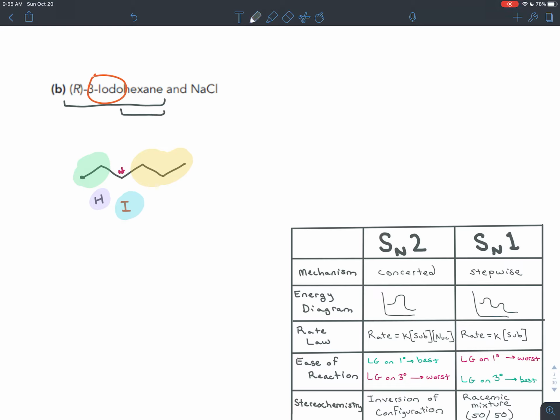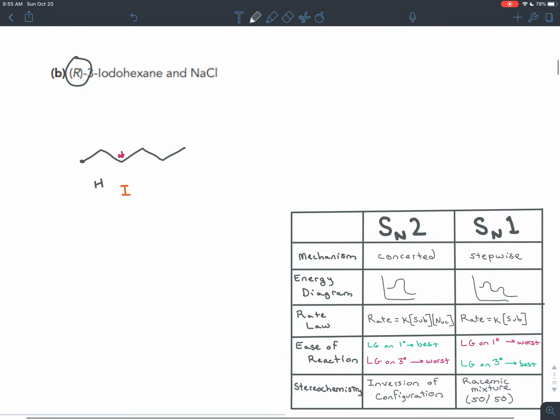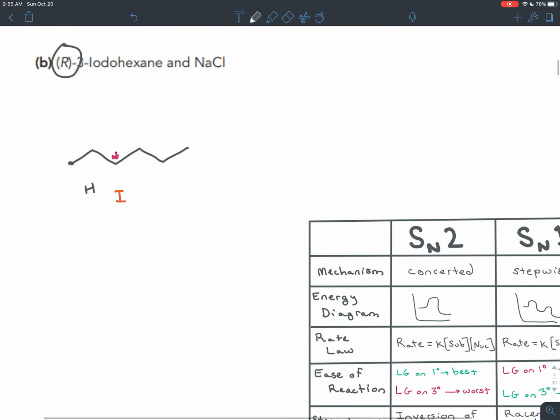So that carbon is going to be bonded to 4 different things. So it's going to be a chiral center, which means we have to draw in the correct stereochemistry. Now the name gives it to us. We want this chiral center to be R, or right-handed.